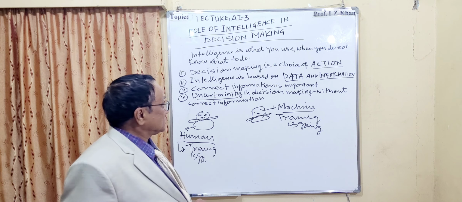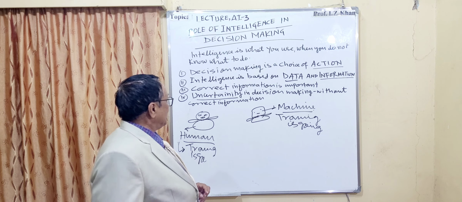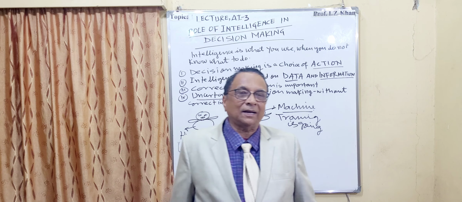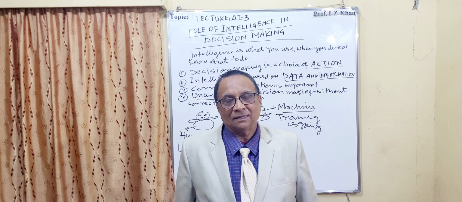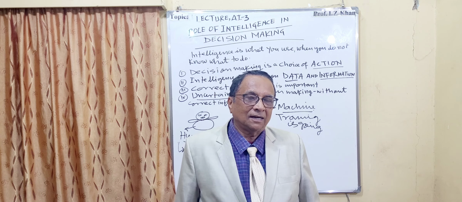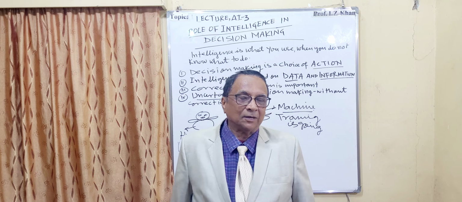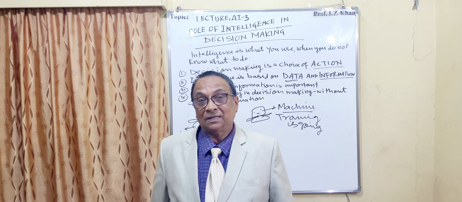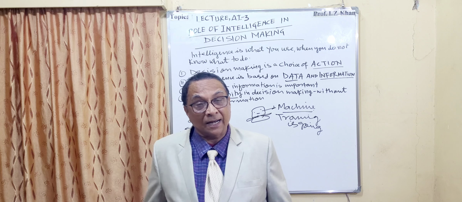Correct information is important. There is uncertainty in decision making without correct information. So wherever there is uncertainty or incomplete decision, it clearly indicates that the decision making person or group did not have correct information, or took the decision without correct information, and that's why there is a lot of confusion and uncertainty.